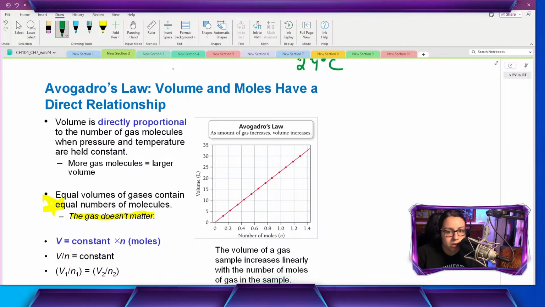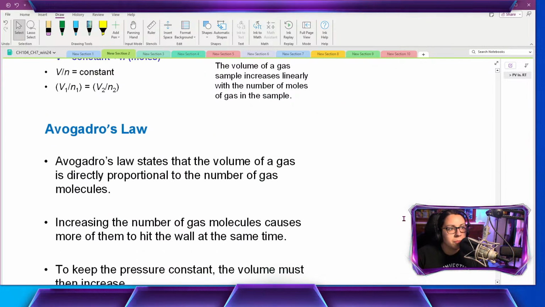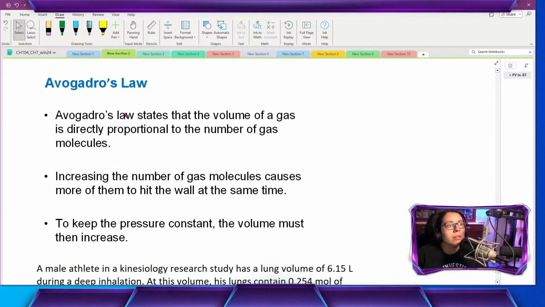Then that leaves us with this equation: V1 over N1 is equal to V2 over N2. So again, they're directly proportional, and this equation is showing that. Avogadro's law is just stating that our volume is proportional to the number of gas molecules, holding pressure constant.